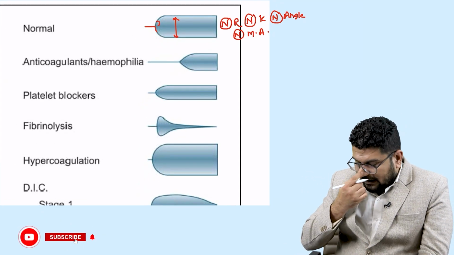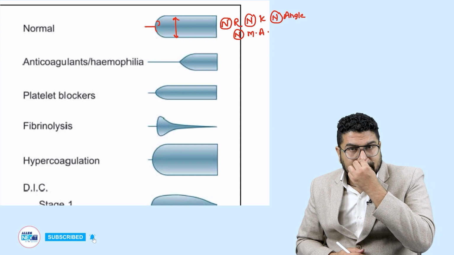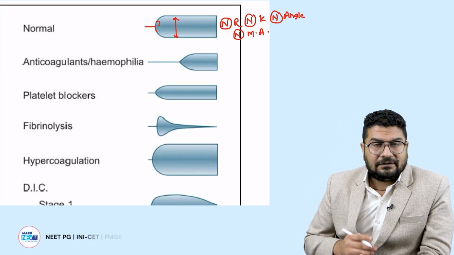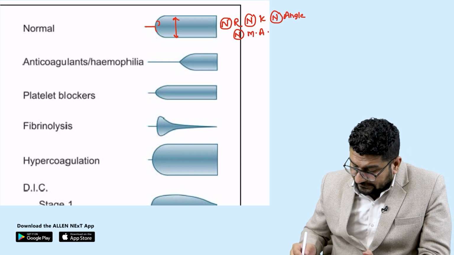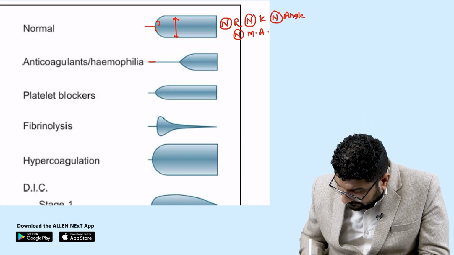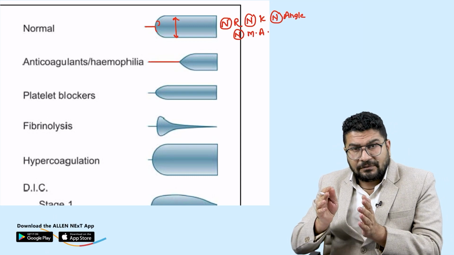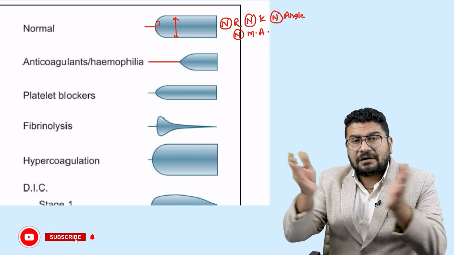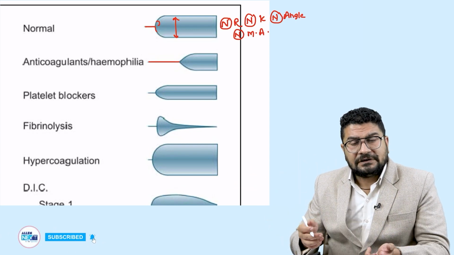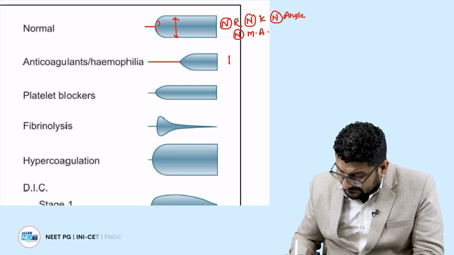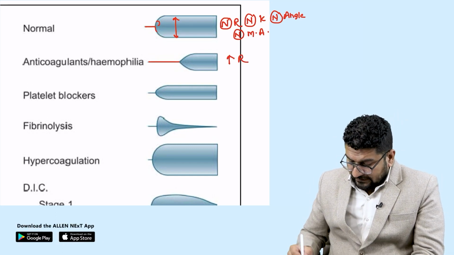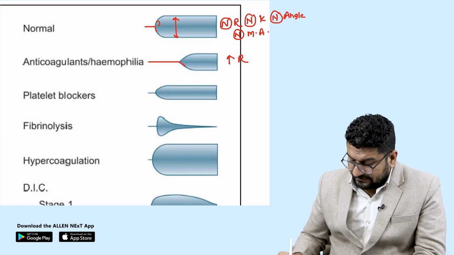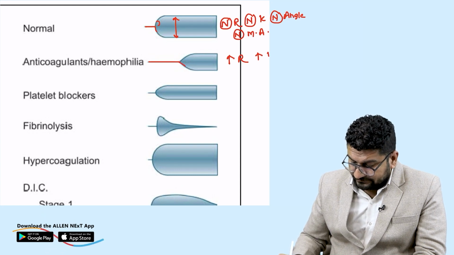Now suppose a person has taken an anticoagulant overdose, warfarin or heparin given in excess, or someone has a clotting factor deficiency. Then what you are noticing is that the R time, the time to initial clot formation, will increase, as there are no clotting factors in the body. So you can notice there is an increase in R time, right? Then K time is also increased.